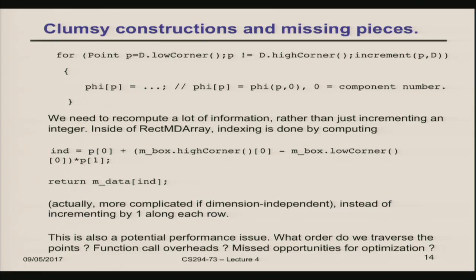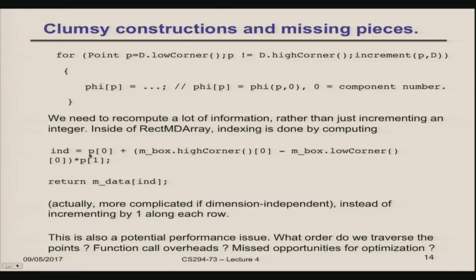Now, there are lots of things that look a little clunky here and also look like performance problems. We're recomputing where to look in our rectMD array. Remember, what we have is essentially a 1D array of data, and we are stuffing into that some version of a 2D array of data.